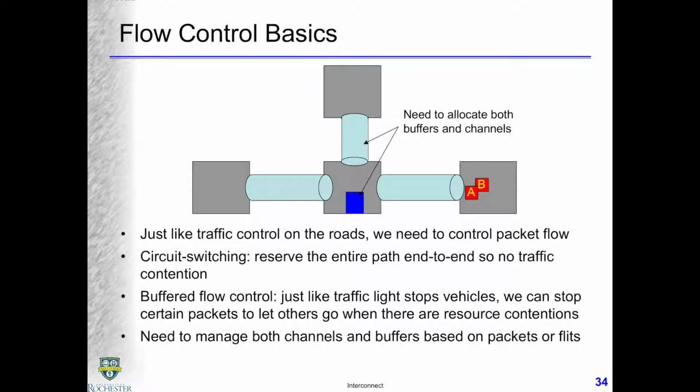Remember, from the user's perspective, and I don't mean persons sitting in front of a computer, the user of the network is this core plus its cache, okay, this compute node. It will send you information, it will send you packets.